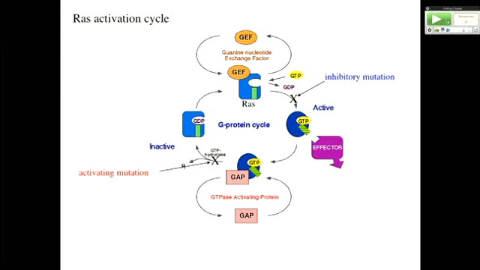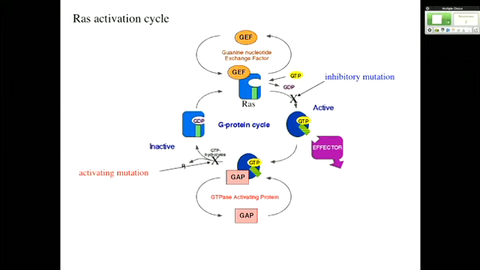An inactivating mutation would be one in which the nucleotide exchange, the ability of the protein to bind GTP, is blocked by mutation. So let me ask you a clicker question: which of these two mutations do you think was contained in the first human oncogene?